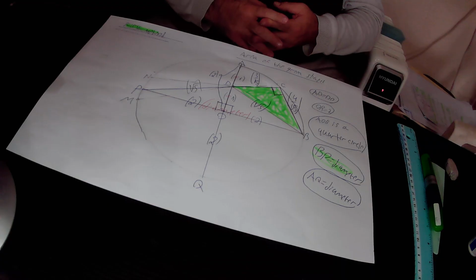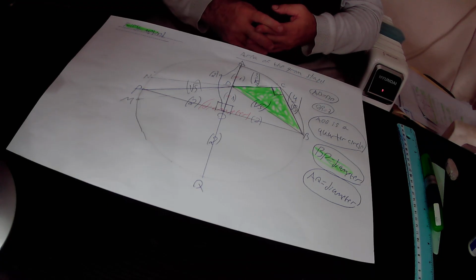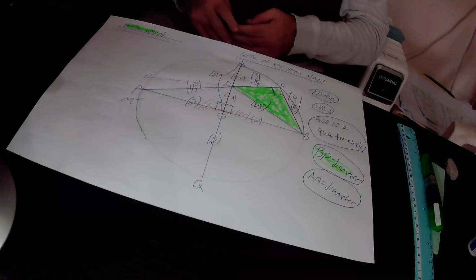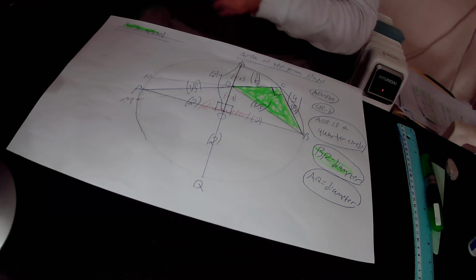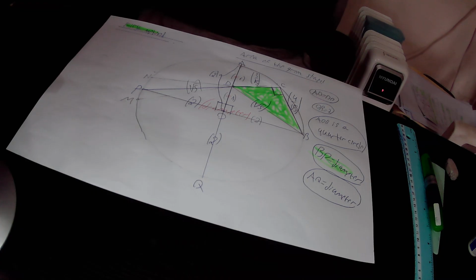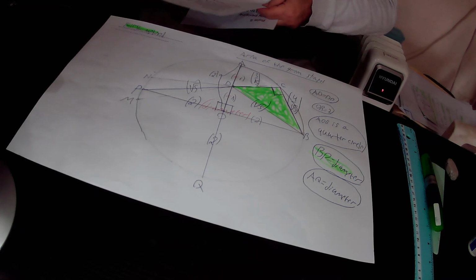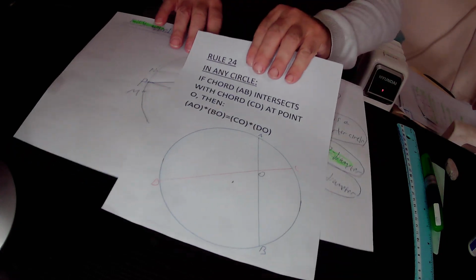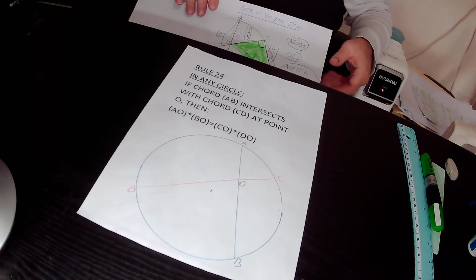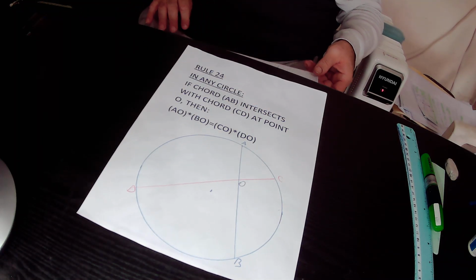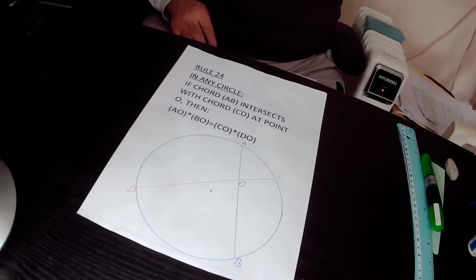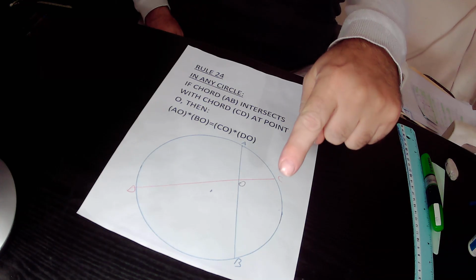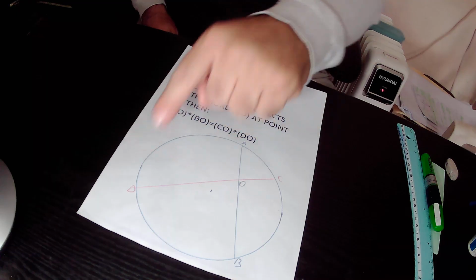So in the next step, we implement rule 24 in our drawing. Let's quickly repeat rule 24. According to rule 24, if chord AB intersects with chord CD at point O, then the following equation is true: AO times OB equals CO times OD.